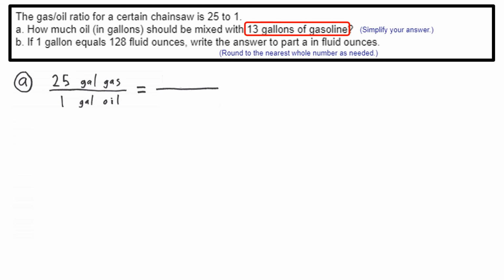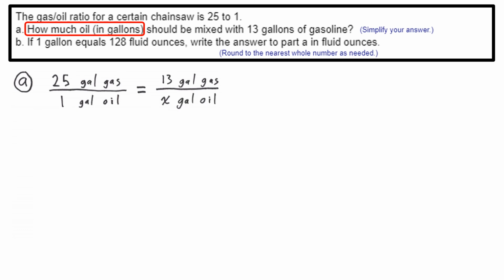Well, since the left side has gas on top, the right side will have gas on top. So the 13 gallons of gas goes on top. What goes on the bottom? The question is saying how much oil in gallons. Since we don't know, we call that X. And the units, as it states, are gallons of oil.